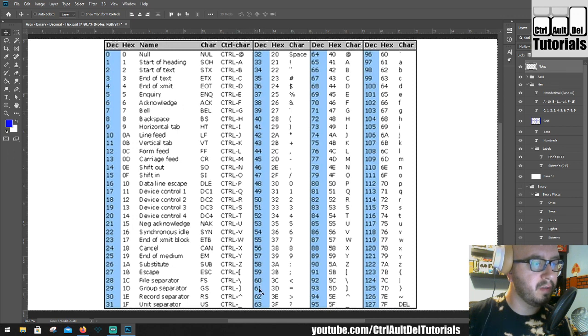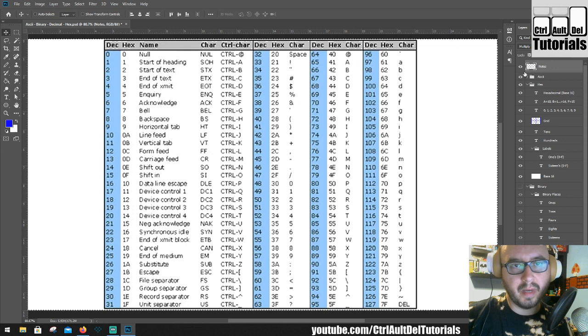Here we have characters. The characters, also referred to as glyphs, are what keys do these equal, or what commands do they equal on a keyboard or to a computer.